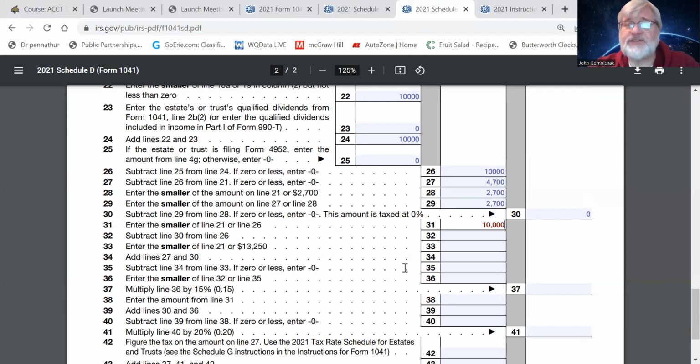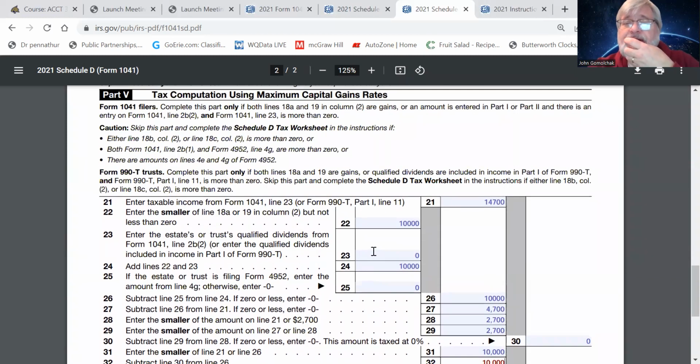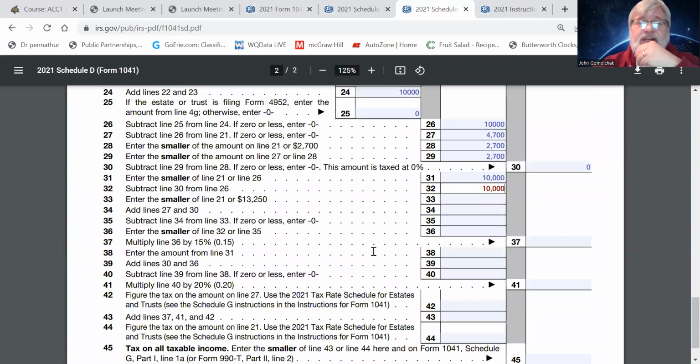So 26 is 10,000. 30 is 0. 32 is going to be 10,000. Line 33, enter the smaller of line 21 or $13,250. 21 is 14,700, so the smaller is 13,250.